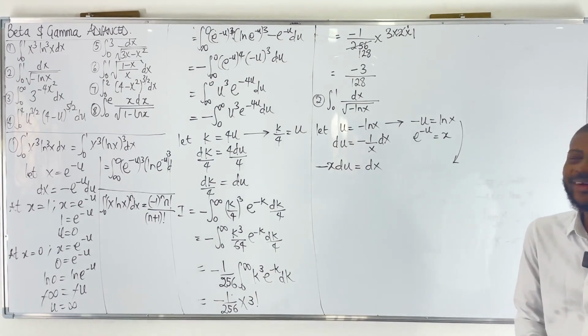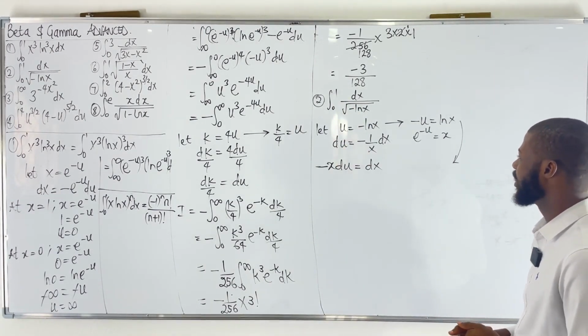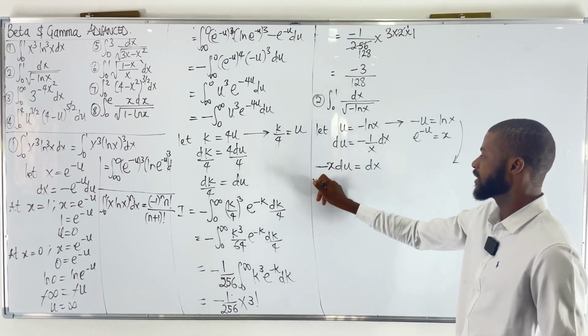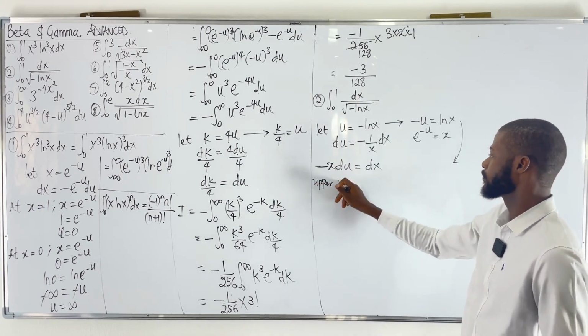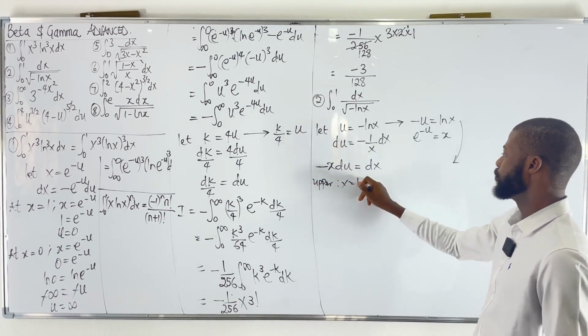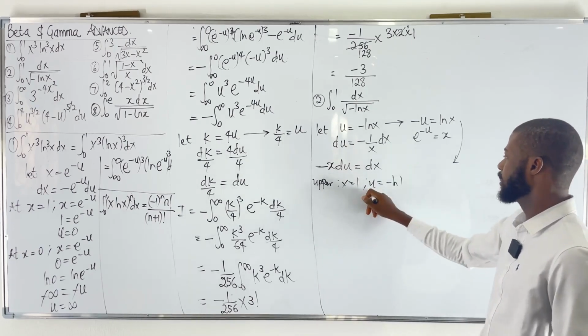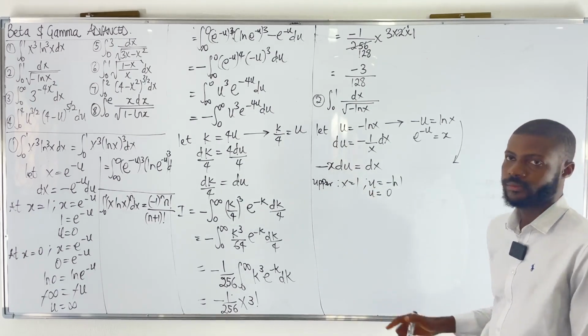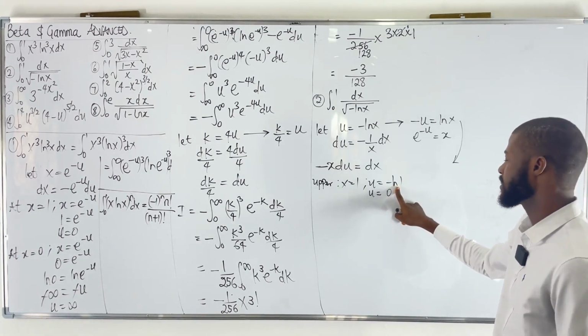Then what's left? Our limits. So for the upper limit, x was going to be 1. So since our u is now equal to minus ln 1, what does that mean? u is now 0 because ln 1 is 0. Logarithm of 1 is 0 to any base.